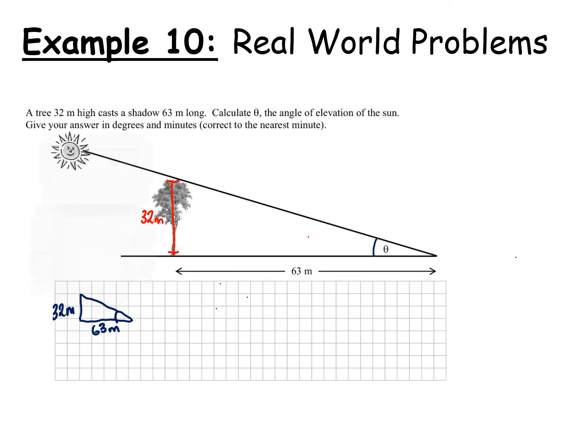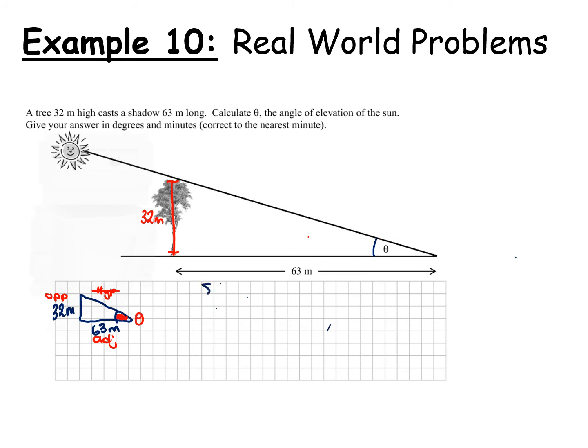We no longer see a tree, we no longer see a sun, we're not getting confused by any of that, we're back to just having a triangle. So if we were labeling it, here's my hypotenuse, but there's nothing going on with it, so I don't really care about that. We have our adjacent here and we have our opposite. So we're talking about this angle here, which they've labeled theta.